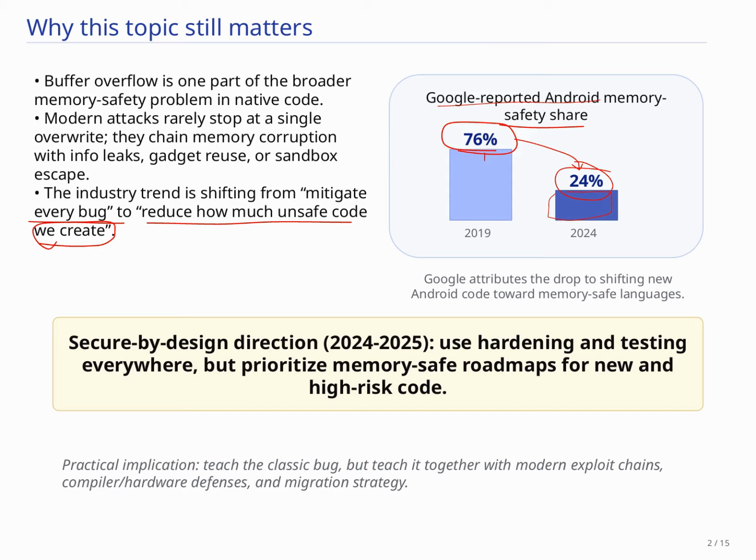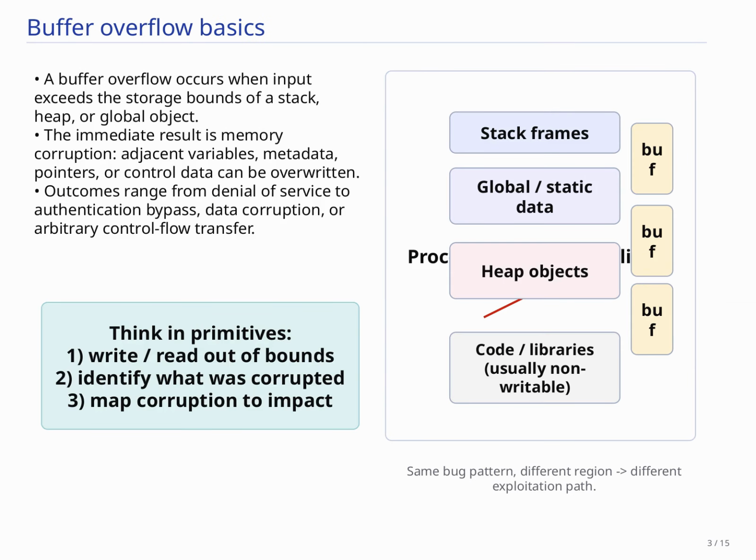This means the code-based safety is working, at least for Google. So this is the direct result of using safe code techniques, hardening and testing everywhere, but prioritizing memory safety roadmaps for new and high risk code.